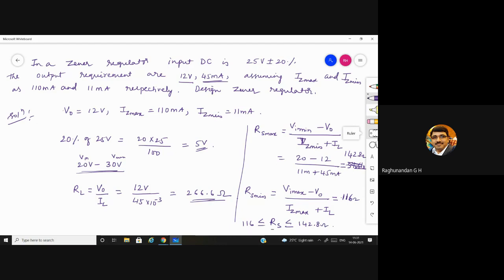You have to take the average of these two and that will be your RS value. RS is equal to 116 plus 142.8 divided by 2.